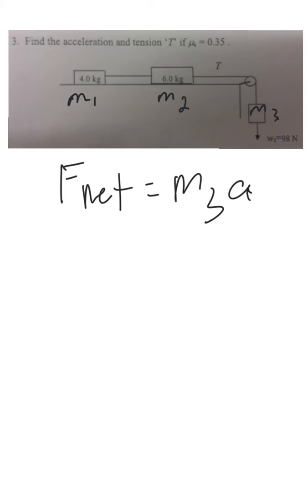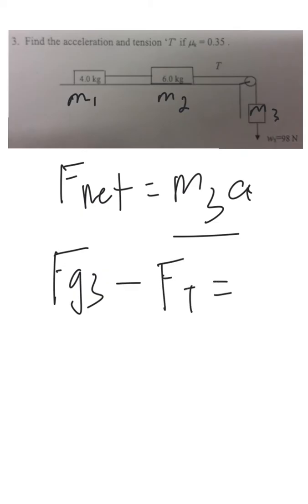I like to call it M3A because that lets me know I'm only looking at mass 3. What are the forces acting on mass 3? The forces acting on mass 3 are force of gravity 3, and tension is in the opposite direction of that, and in the opposite direction of the acceleration. So minus the force of tension is equal to M3A.